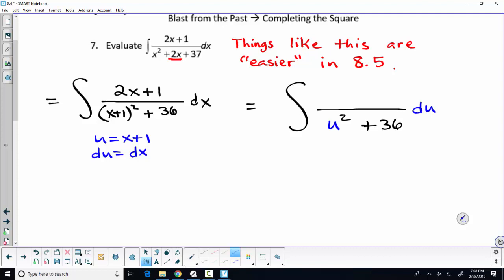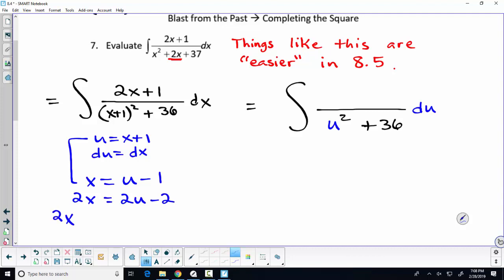And so what is 2x plus 1 in terms of u? 2u minus 1, because our substitution says that x is really u minus 1. So 2x is 2u minus 2.